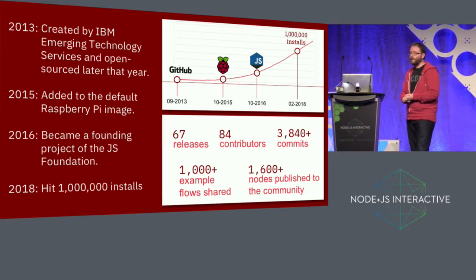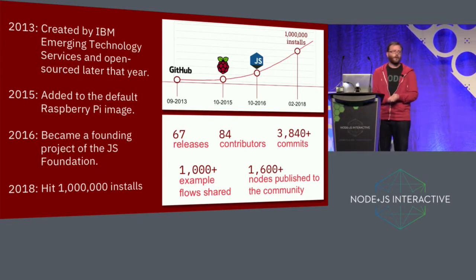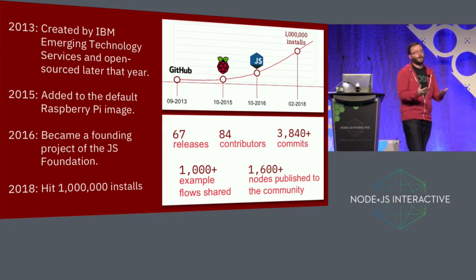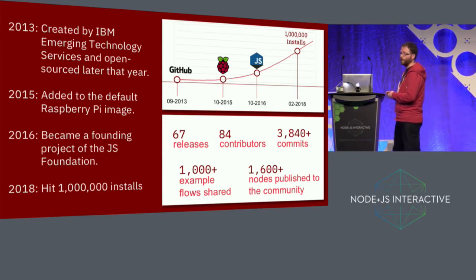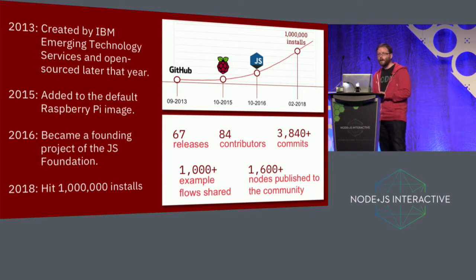And then in 2016, NodeRED was contributed as one of the founding projects of the JS Foundation when the JS Foundation was founded in October that year. And then in February this year, we hit 1 million all-time installs from the NPM stats. And we continue to see a nice, healthy growth within the project.